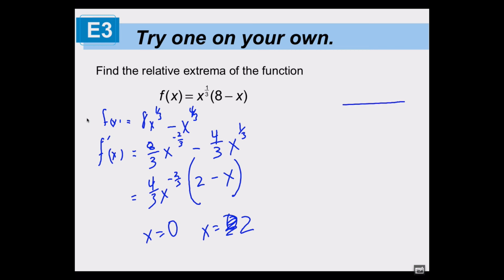Number line. What kind of number line is this? F prime. 0 is to the left of 2. Go ahead and test your region, see what you get. Don't assume that it alternates.